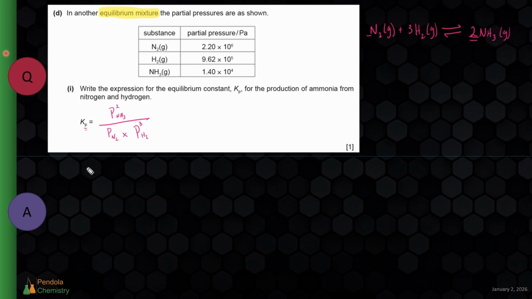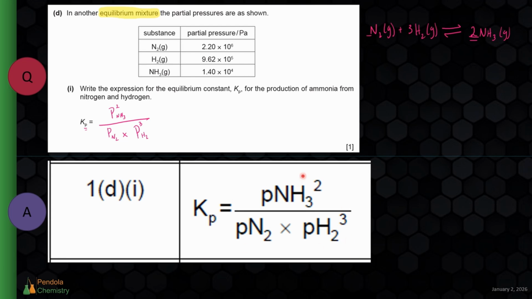And that's my equilibrium expression for our Haber process, or for this reaction here. Obviously, we're going to keep using this in following questions in order to then find Kp because they're giving us these numbers. But for question 1, all they asked us to do was write the expression. They did not ask us to use the numbers yet. That is going to come in a later question.